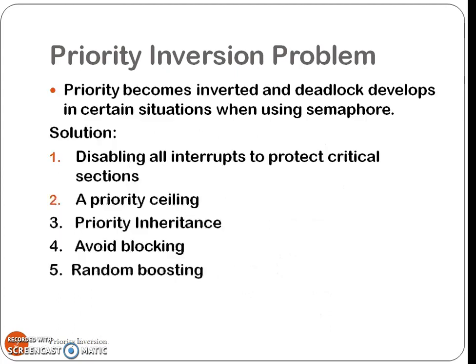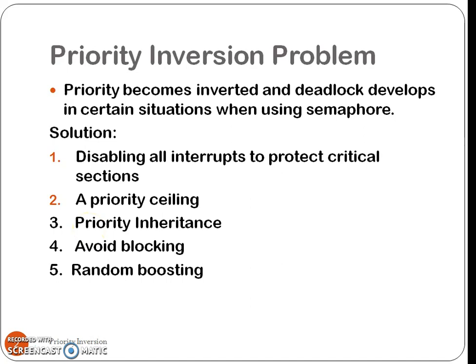This problem can be solved by using various methods, like disabling the interrupts to protect the critical section. Once you disable the interrupt, there will be no problem of critical section, nothing but the shared data problem. You can have the priority ceiling, meaning there should not be any variations in that, or you can interchange your priorities with the help of priority inheritance.